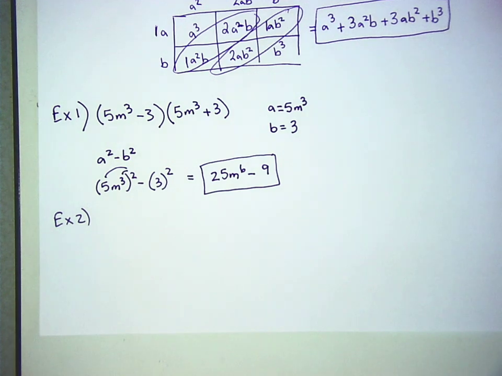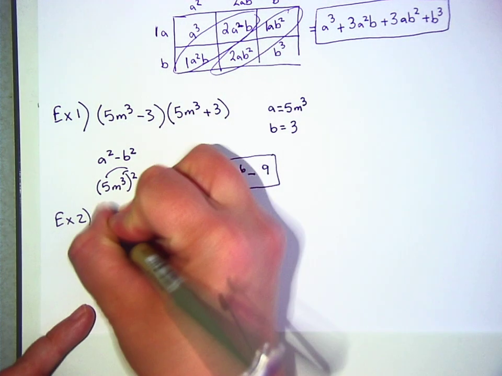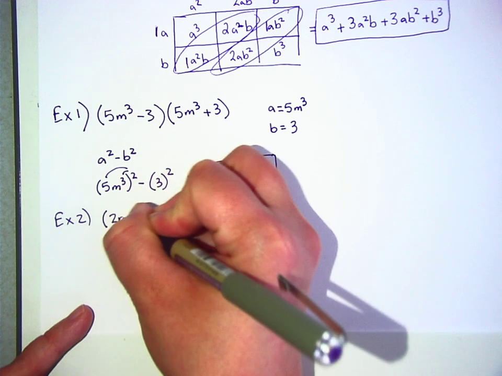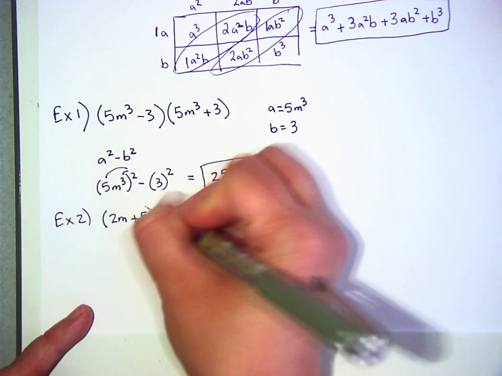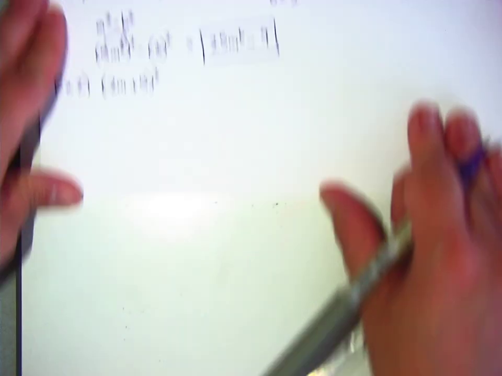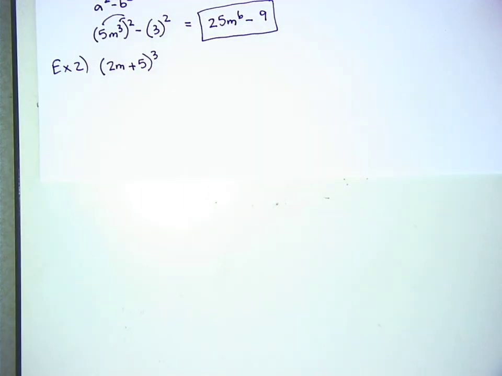that's a stupid one. What did I decide? D? All right. Let's do 2m plus 5. No, I'm going to make it harder. To the third. 2m plus 5 to the third.